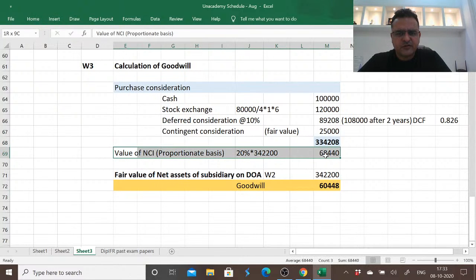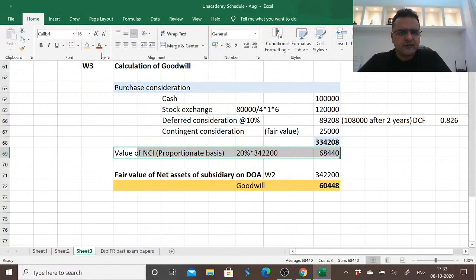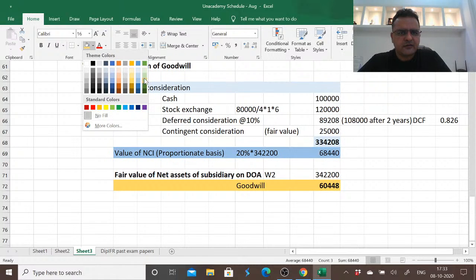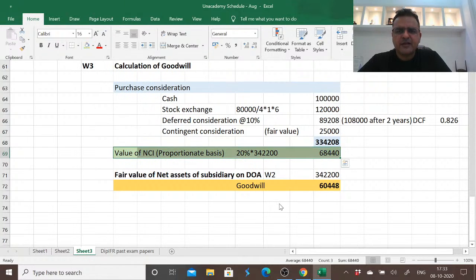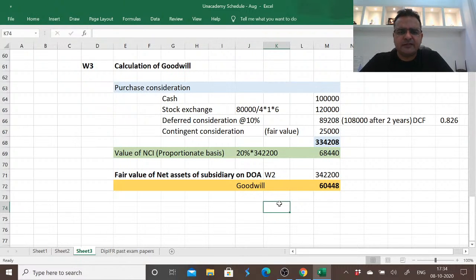So the value of NCI on proportionate basis had a role to play in calculation of goodwill. Now when we are valuing NCI on proportionate basis, this goodwill is known as partial goodwill. This is belonging to parent only. Why we are highlighting this fact: on impairment we should not charge any impairment to NCI. The impairment loss is belonging to parent only, so we do not charge anything to NCI.